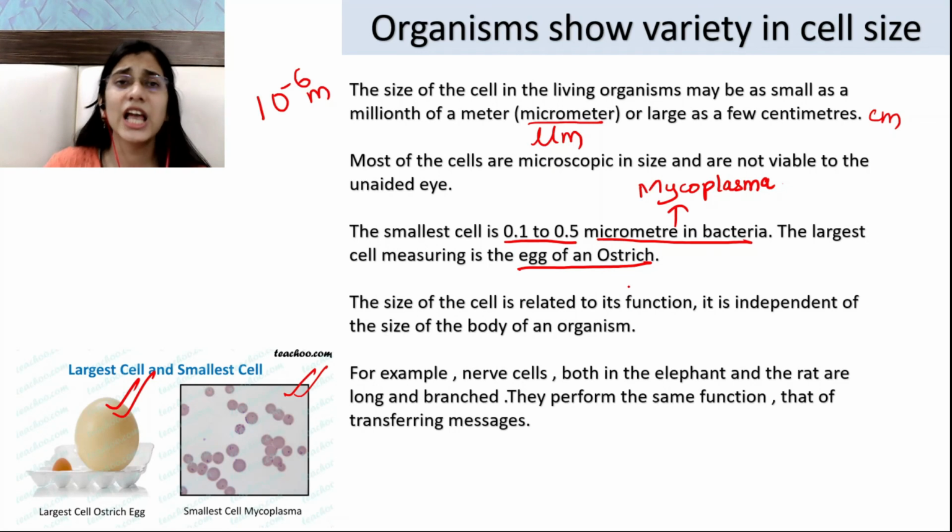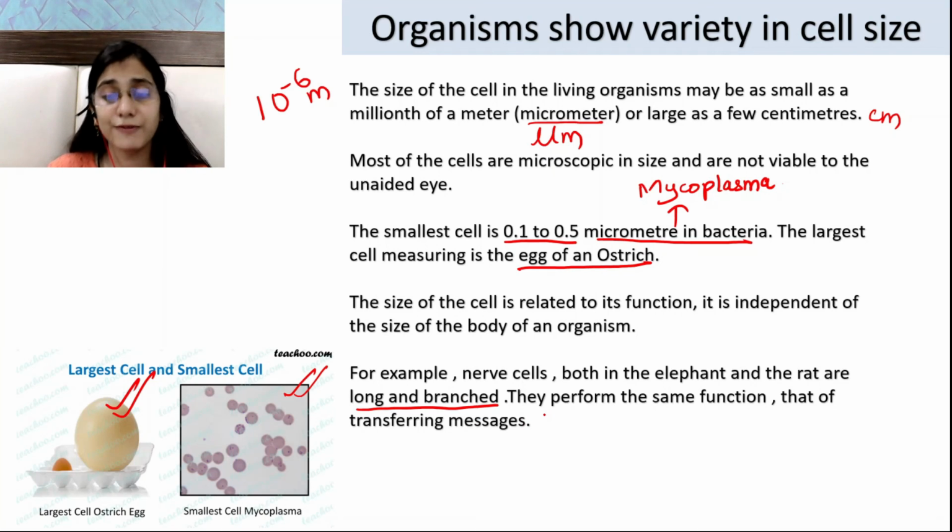For example, if there is an elephant, or let's say a dinosaur, it is not like they will have big cells, and a small rat or small organism will have small cells. It's not like that. The nerve cells, for example, in both the elephant and the rat, will be long and branched with similar sizes.